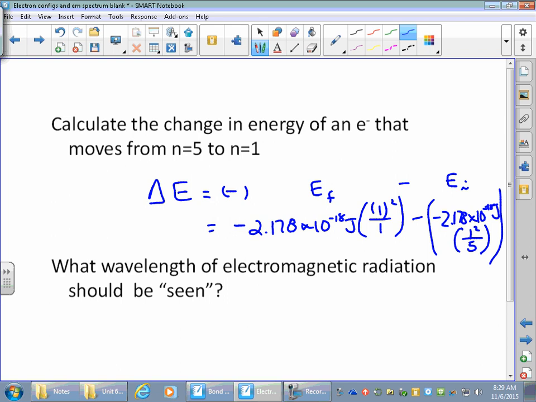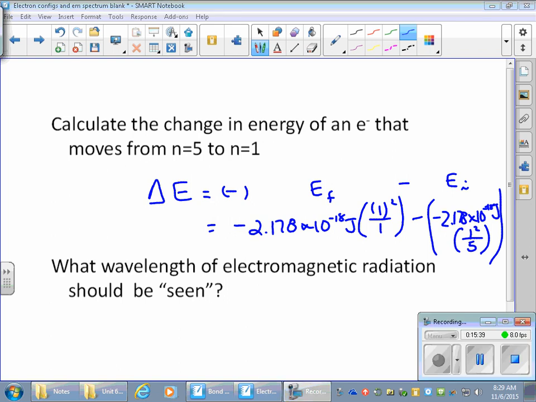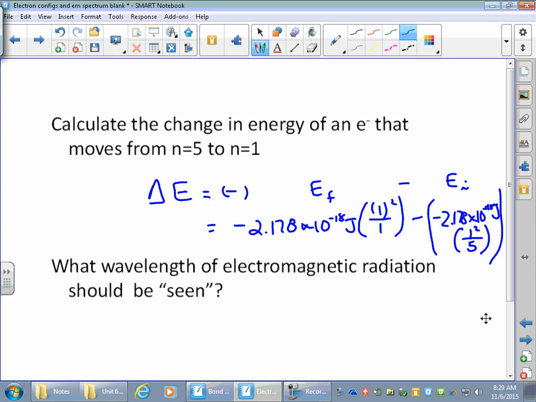I'm going to pause this and do this calculation really quick. Okay, so in doing this, I see that the energy is negative 1.74 times 10 to the negative 18 joules.